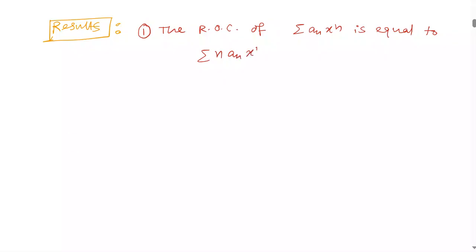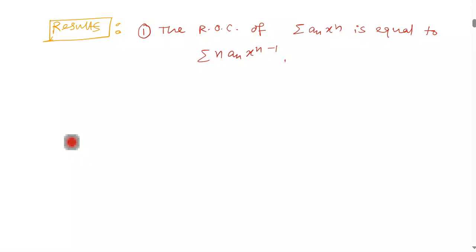What are those results? First one, the radius of convergence of x power n is equal to n x power n minus 1. The radius of convergence of this series is equal to this.